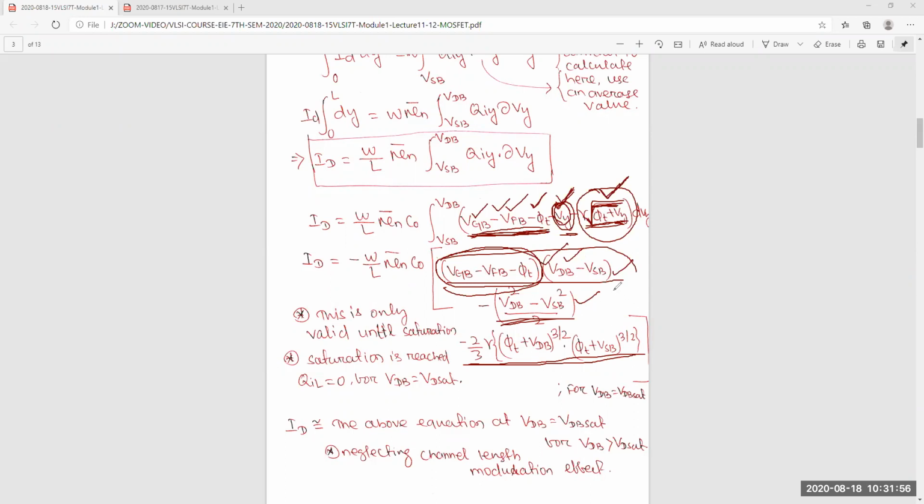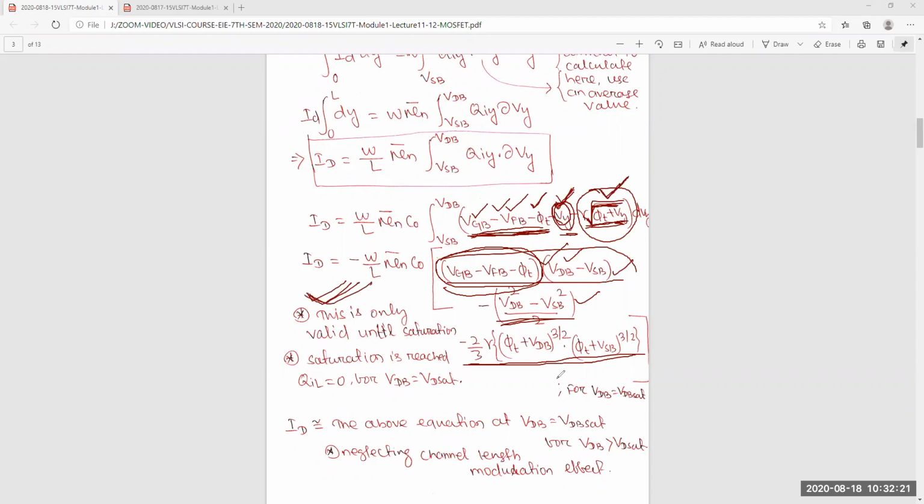And this equation is also very difficult to remember. And in the calculation also it's somehow difficult to get these exact things. So that's why we have to transform these to a square law equation. So this is the actual equation for ID.